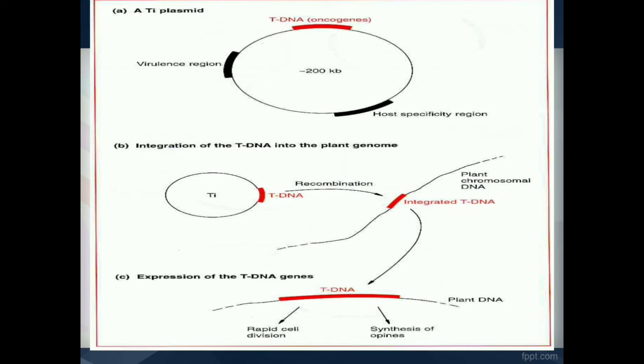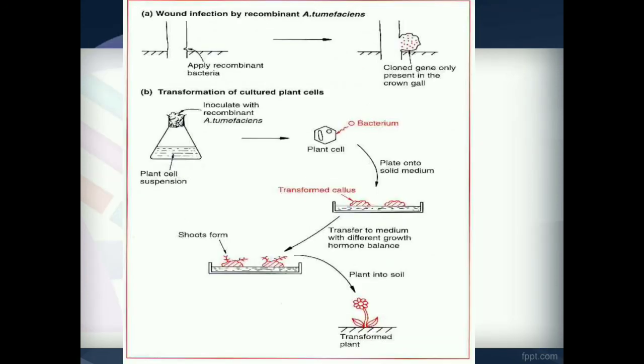The expression of the T-DNA genes can be seen here. Here, wound infection by recombinant Agrobacterium tumefaciens, where we are applying the bacteria, and the cloned gene is only present in the crown gall. So the transformation occurs here.